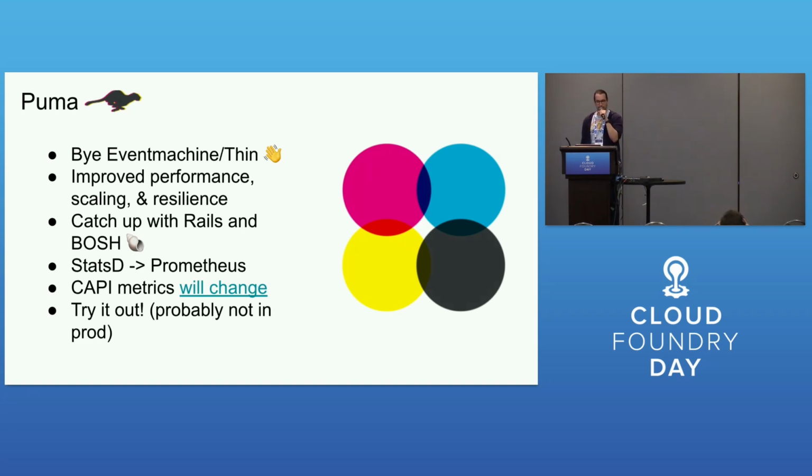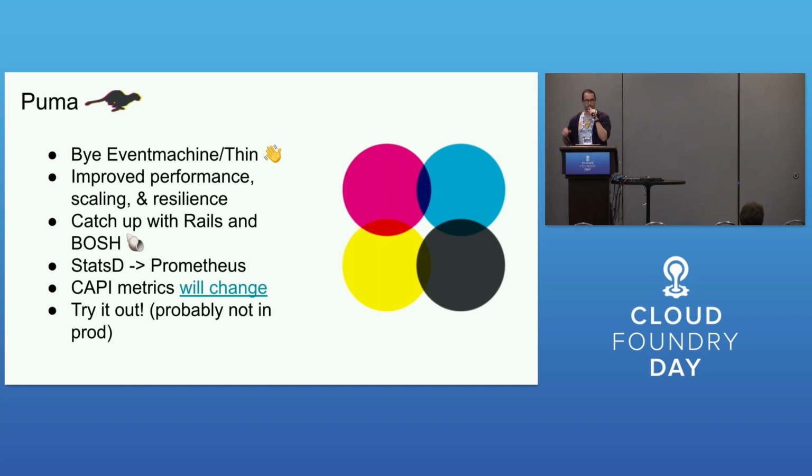When we get Puma fully up and running, we'll see a lot better performance. We'll scale a lot better with modern hardware, especially multi-core CPUs, and we'll also see more resilience. We have seen some cases where Event Machine can choke, especially if there are dropped outbound IO operations. Hopefully switching over to Puma will help with that.